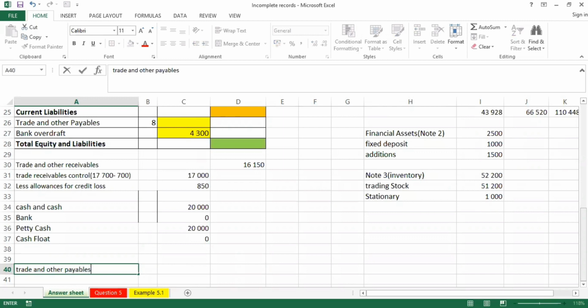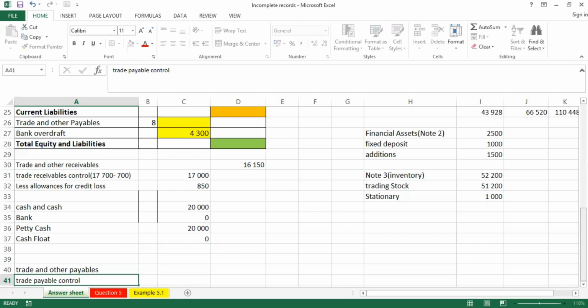On our trade and other payables, we have our trade payable control, and then they also told us about our accrued expense.